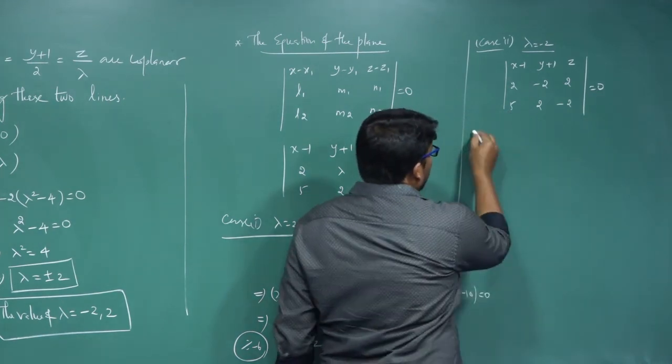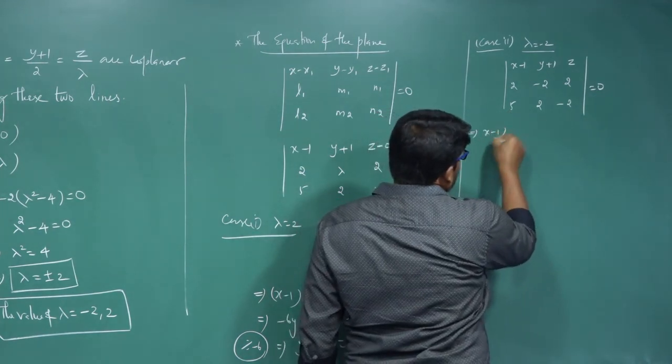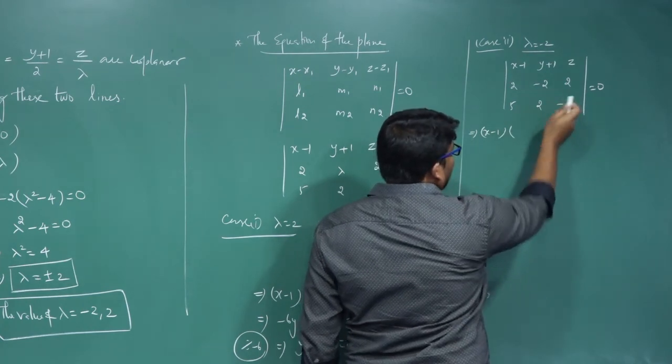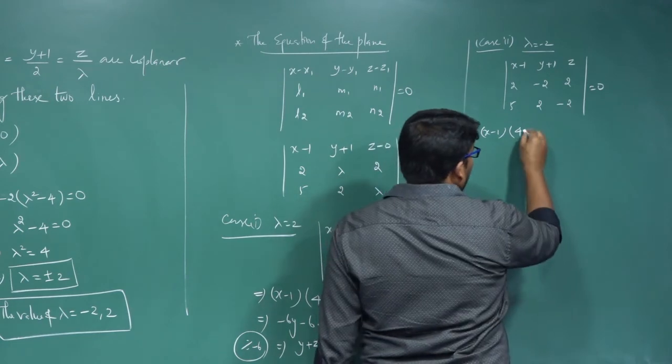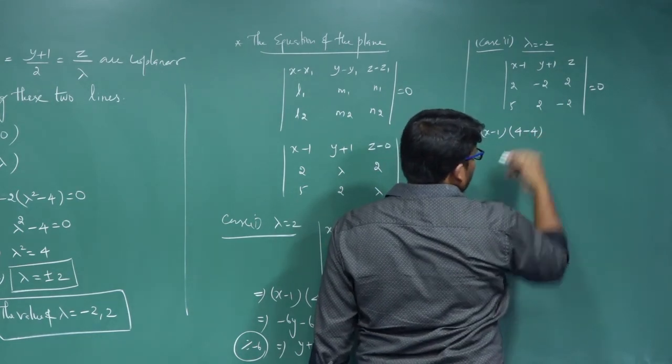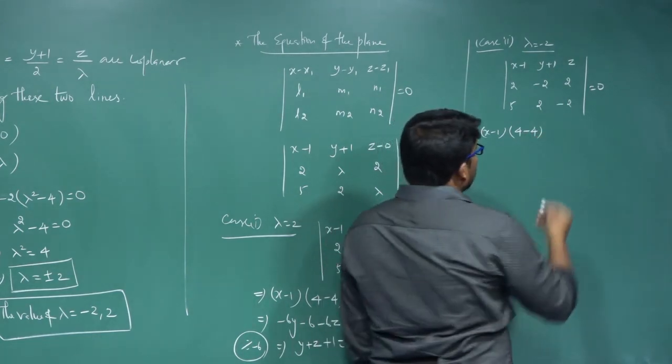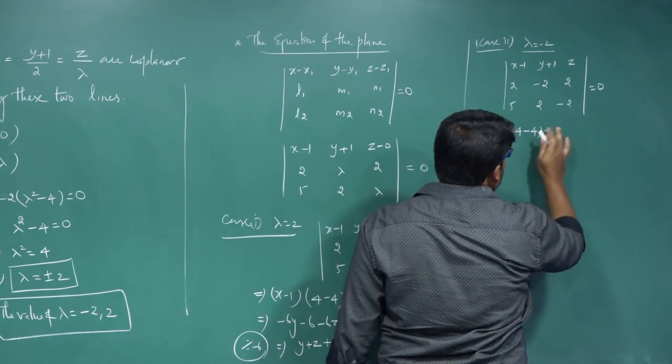Now expanding the determinant: x minus 1 into minus 4 plus 4, that is 2 times minus 2 minus 2 times 2.